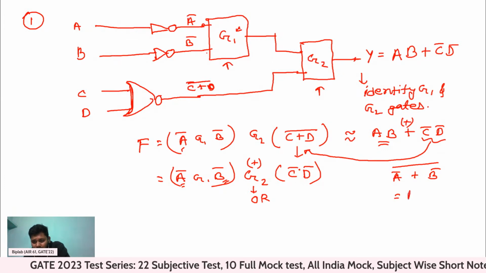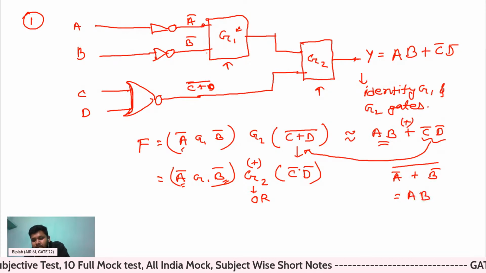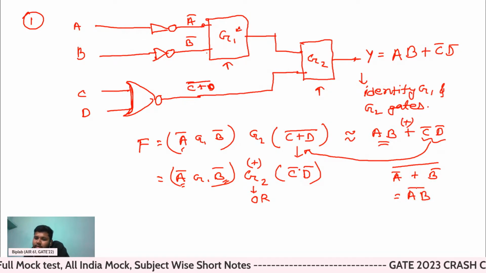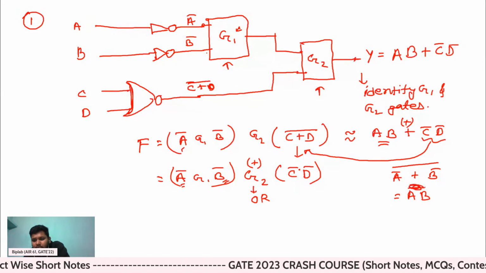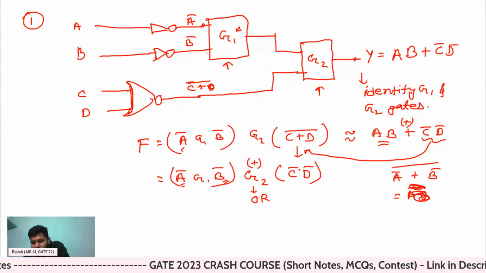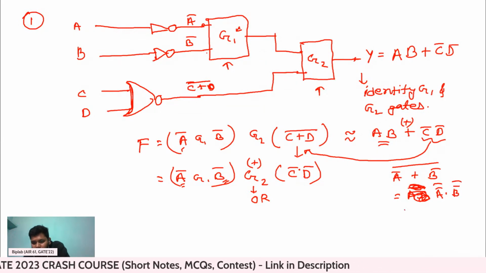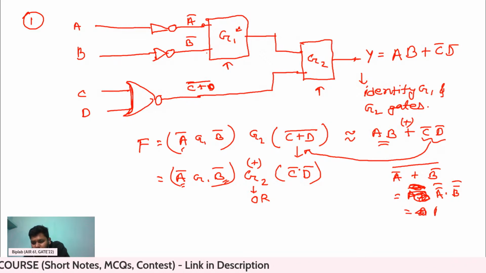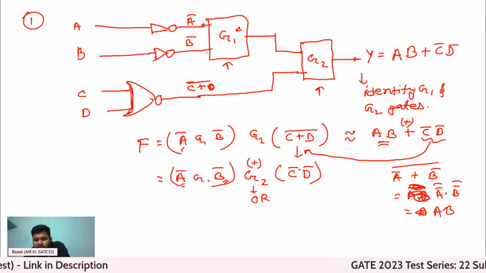By De Morgan, it will become AB. No, the whole bar you can ignore, not whole bar. That is A double bar dot B double bar, which is equal to AB. Okay. This is what is needed in the output.